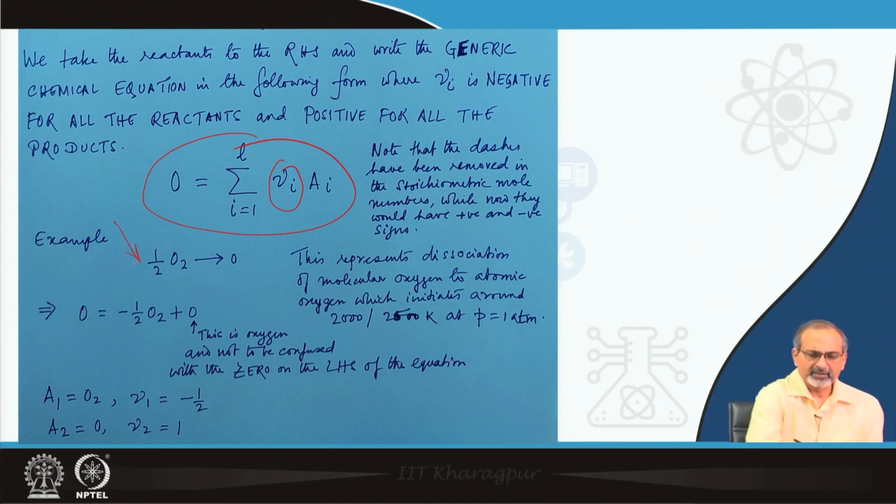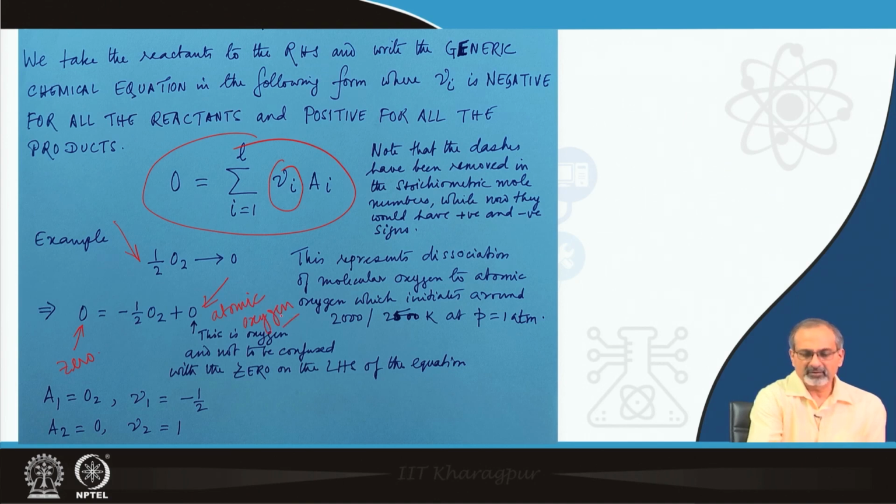If you look at a chemical reaction as an example, say we were talking about dissociation of the oxygen molecule producing atomic oxygen. If you look at that reaction, then you find that this kind of a reaction can be represented like this, where this is a 0 and this is the atomic oxygen.